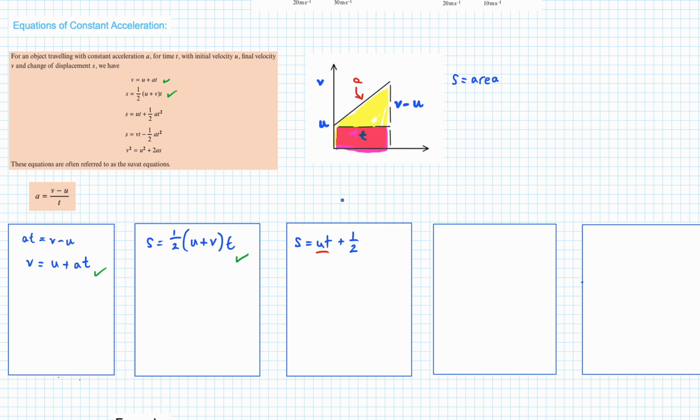In this case, we can say that a is v minus u times t. And if you do rearrange your formula for acceleration, which is v minus u all over t, you would see that a times t is v minus u.